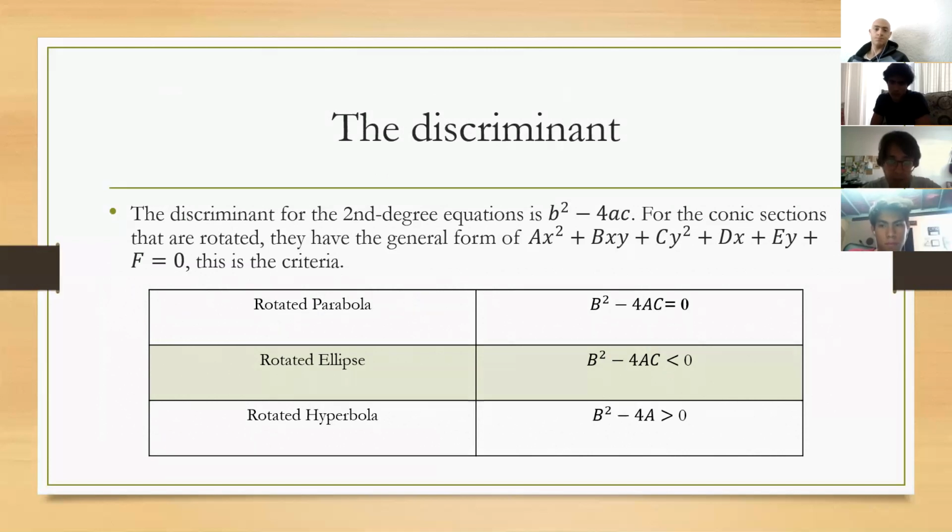The conic sections that are rotated have the general form of a x squared plus b xy plus c y squared plus dx plus ey plus f equal to 0. The criteria are the following. For the rotated parabola, b squared minus 4ac is equal to 0. For the rotated ellipse, b squared minus 4ac is less than 0. And for the rotated hyperbola, b squared minus 4ac is greater than 0.